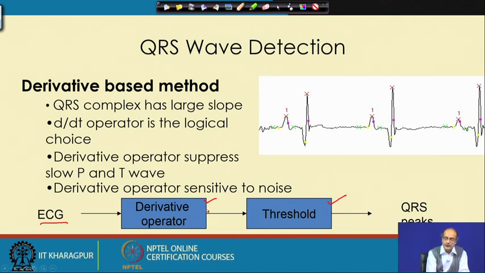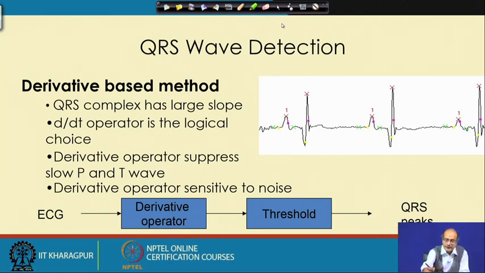The job of the derivative operator is to suppress the other parts of the signal and boost the QRS complex, and then followed by the thresholding, we can get the QRS peak. So, that is the basic design.